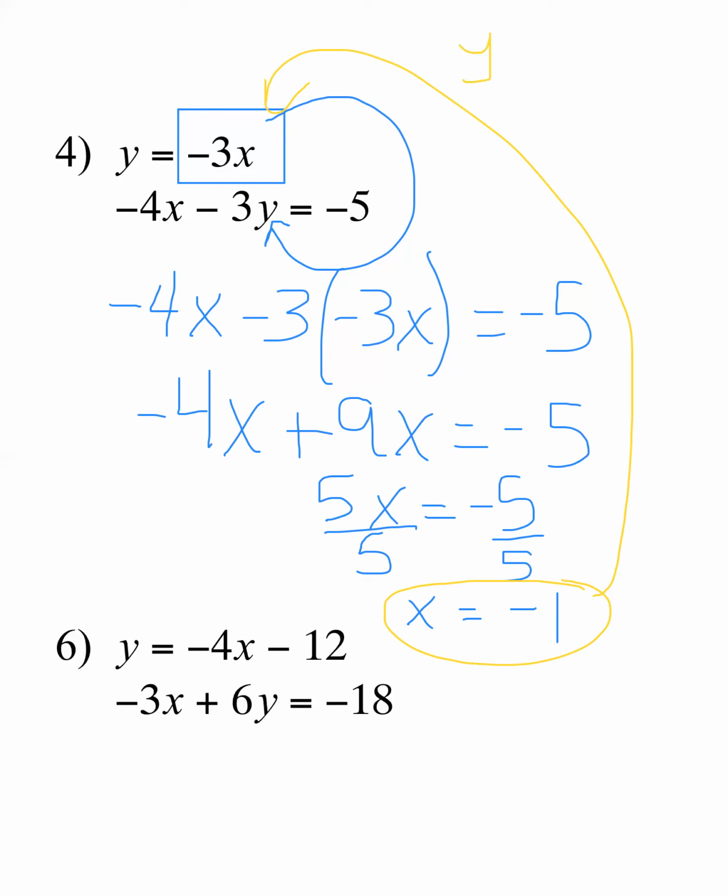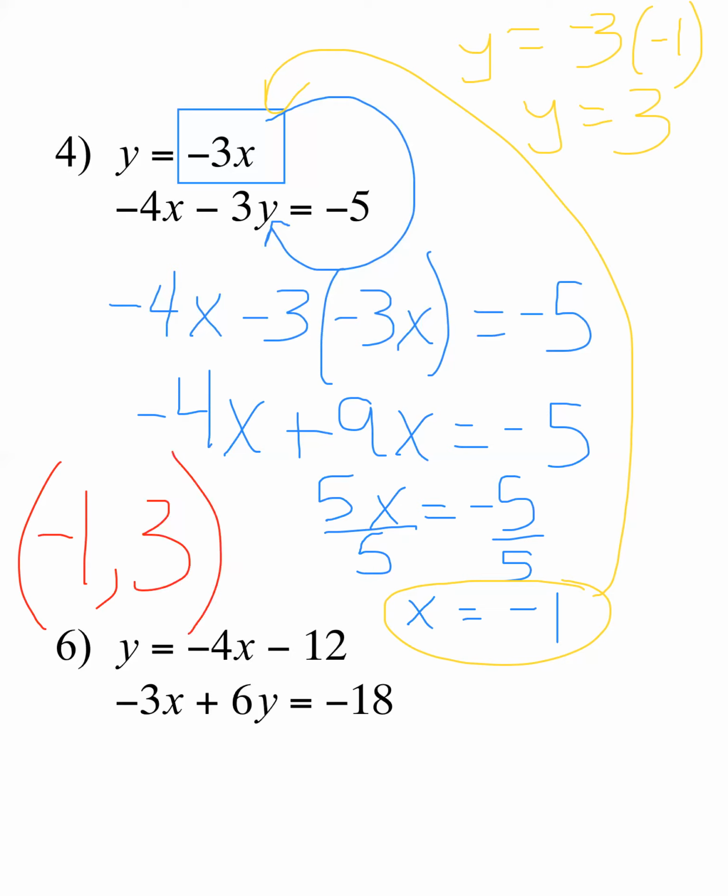Y is now equal to negative 3 times negative 1. So y is just going to be positive 3. Put my two answers together and write them as an ordered pair, always writing the x coordinate first: (-1, 3). And you can check that pretty easily. If I pop those in, yep, they look pretty good.